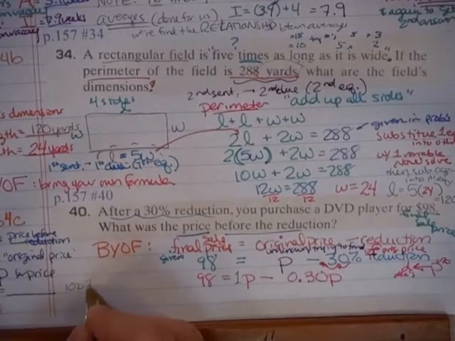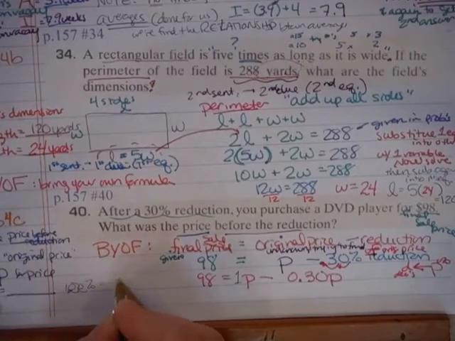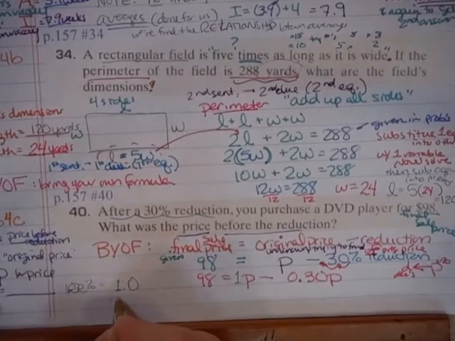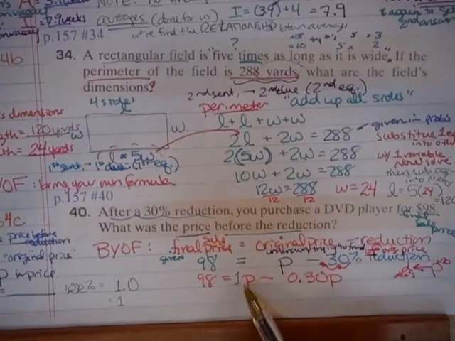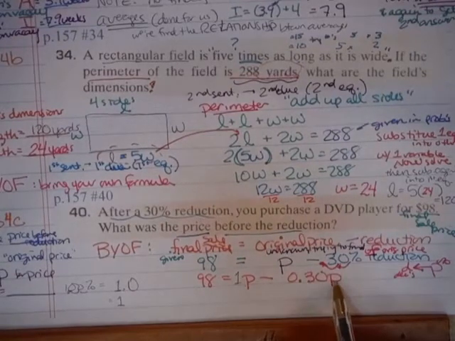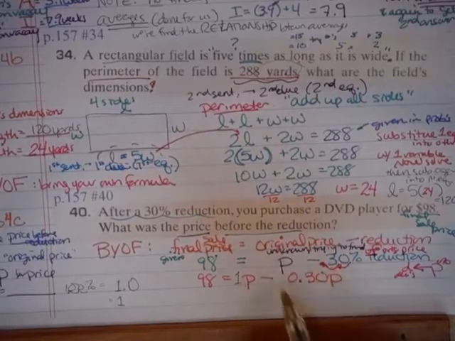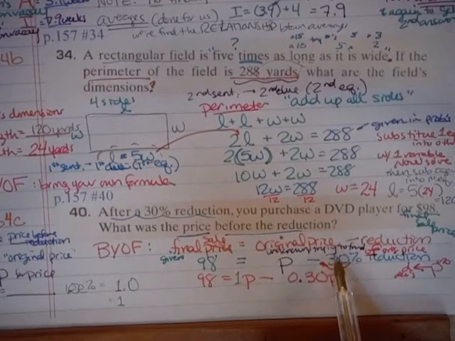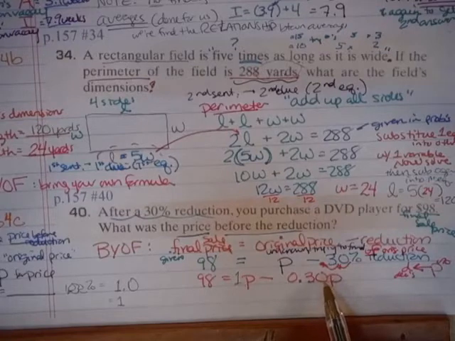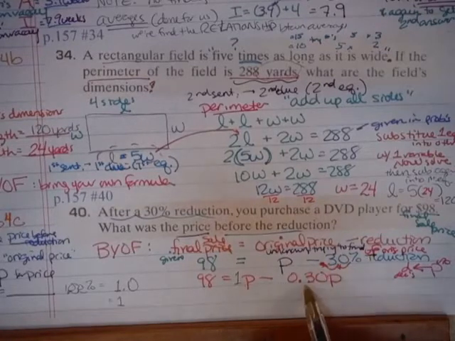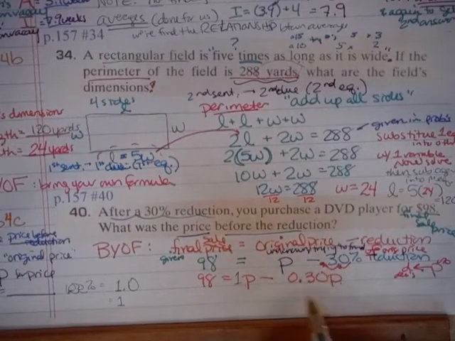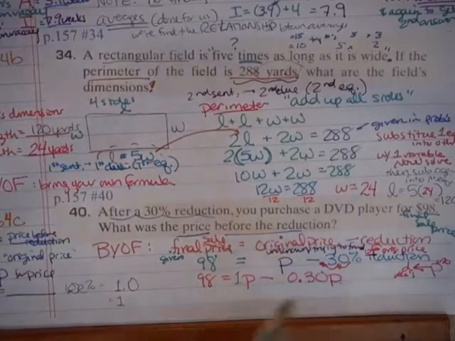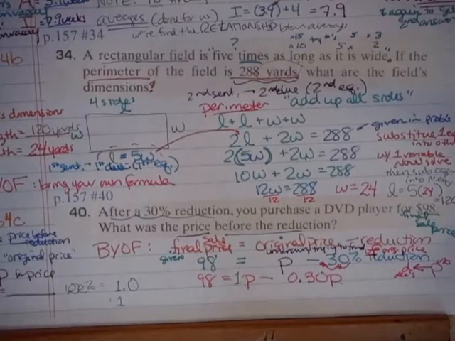When you move the decimal, that's equal to 1.0, or just 1. We're taking away 30% of that price. You can't just take away 0.3. You're not taking away 30 cents. You're taking away 30%. So for every 100 pennies, you're taking 30 away. So you have to multiply that by the original price to see how much you're actually taking away. So that's how percent works on that.